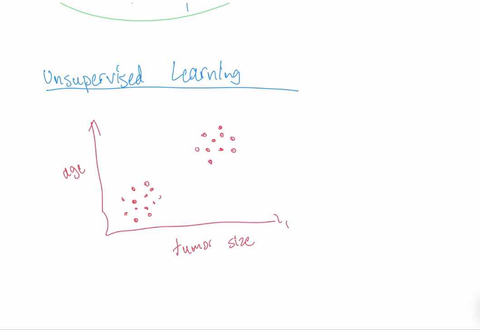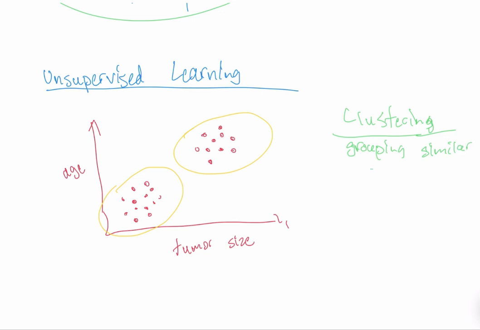Structures in the data. And unsupervised learning, in this example, might figure out that there's a cluster here and a cluster here. So it's found some specific thing in the structure of this data. And this is called clustering. Clustering is a type of unsupervised learning, and it basically involves grouping similar data points, like we did here.